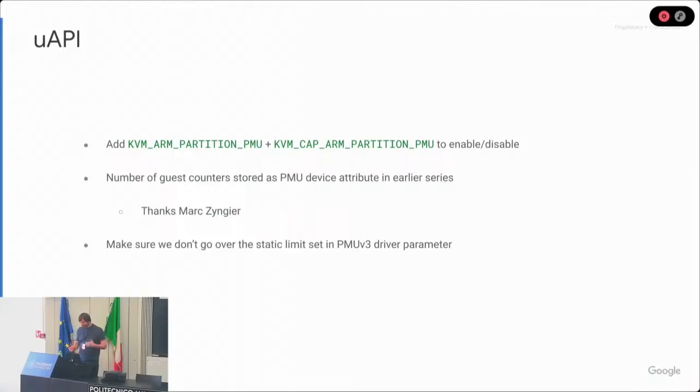Also, technically part of this interface, but belonging to a patch Mark posted earlier this year: the number of counters actually exposed to the guest is stored as a PMU device attribute, and so is controllable by a VMM. So all I have to do is make sure that number doesn't go over the limit set in the PMUv3 driver parameter I discussed earlier.